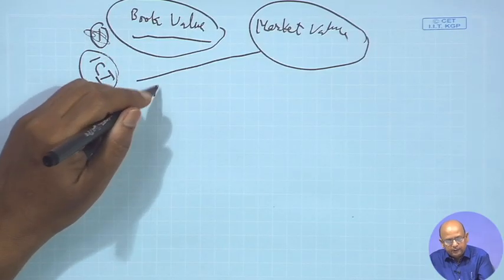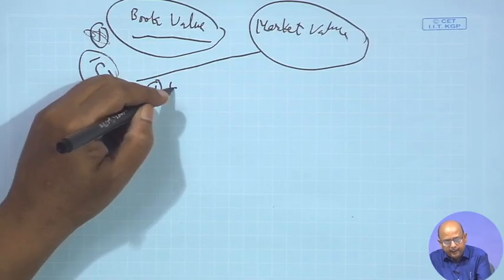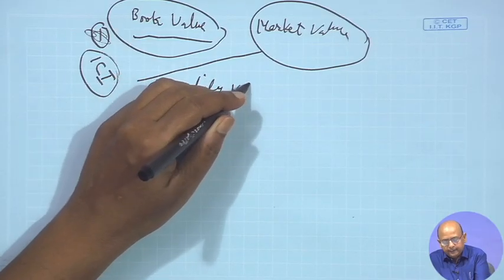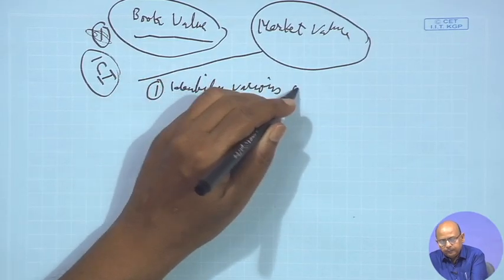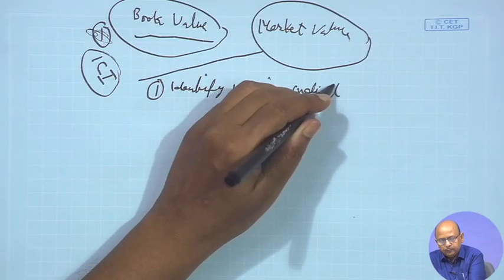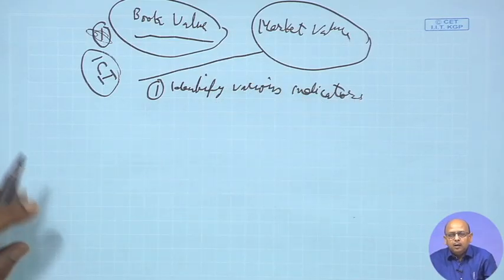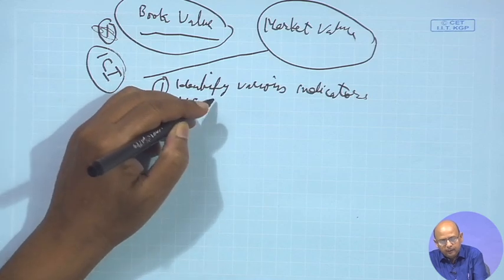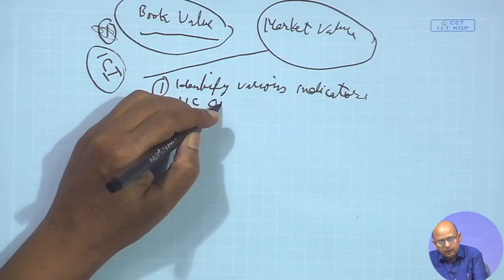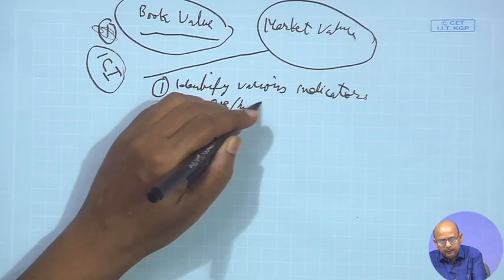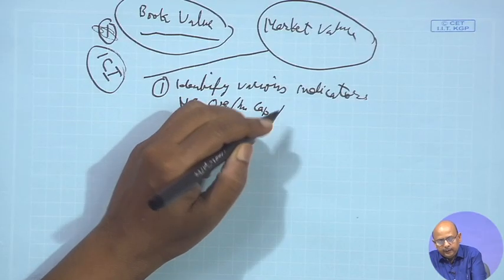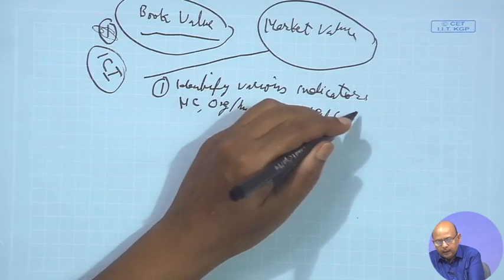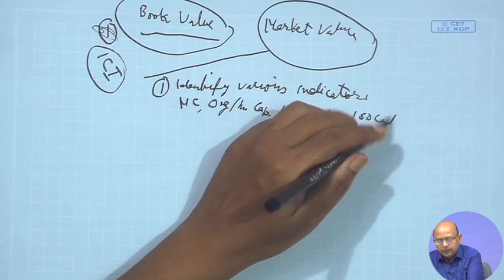So, the first stage is to identify various indicators of intellectual capital, which would be related to your human capital, organizational or infrastructural capital, then customer or relationship capital, and finally social capital.